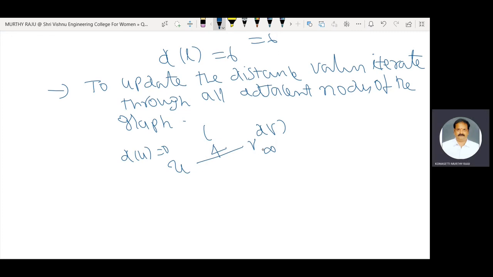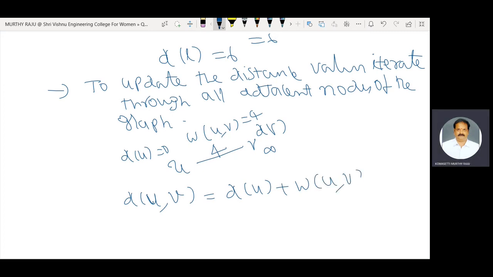These two nodes U and V are connected by an edge. The weight of that edge U comma V is 4. To find D of V: D of U plus weight of U comma V is less than D of V. D of U is 0, weight is 4, less than D of V, which is initially infinity. Therefore 4 is less than infinity.